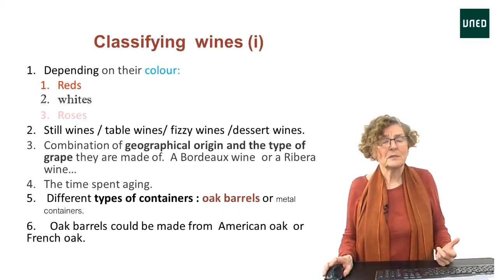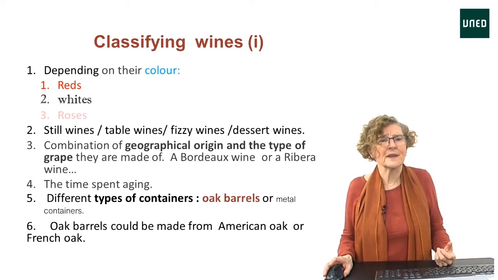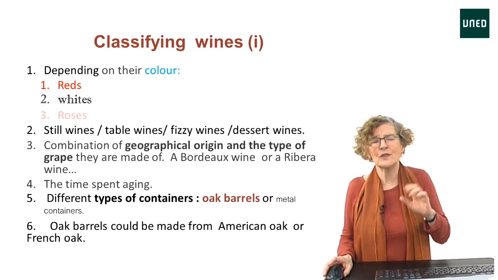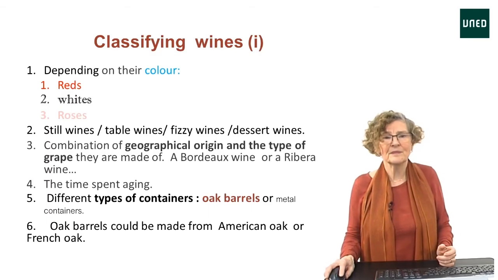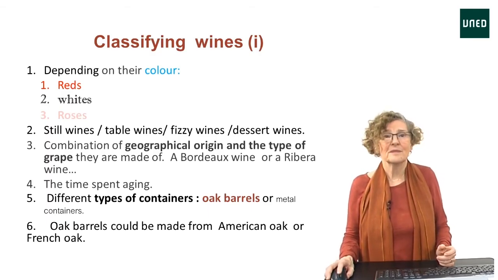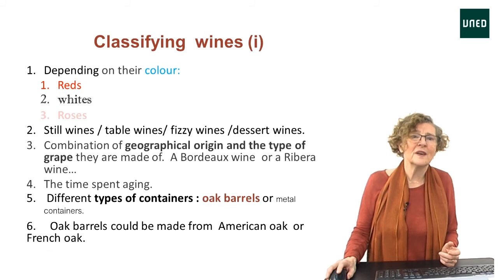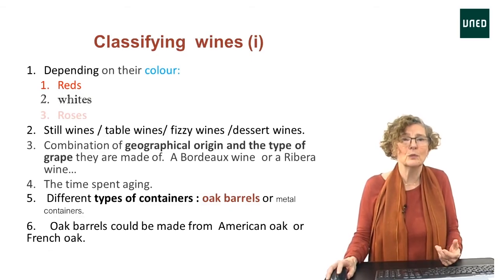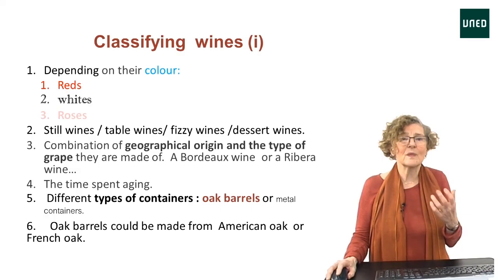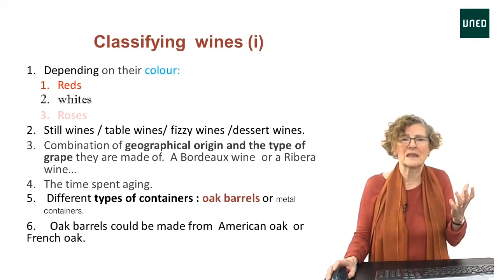So, how to classify wines? We're going to get two approaches to this. Wines can be classified depending on a combination of the geographical origin and a few more things. The first approach is just the color.